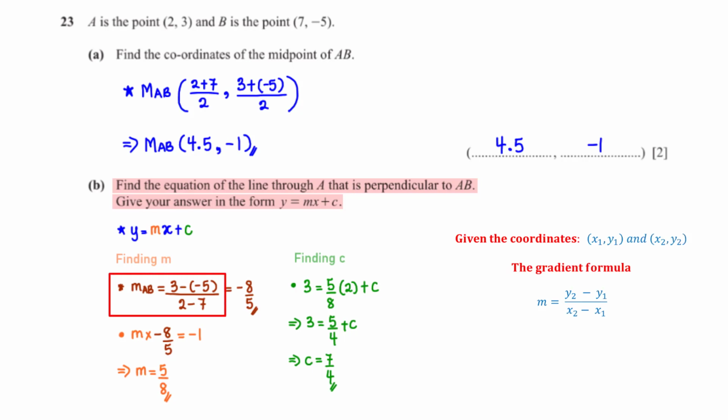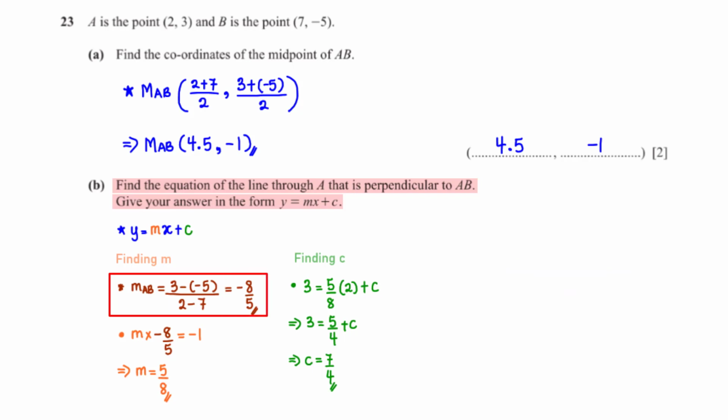This gives us (3 minus negative 5) divided by (2 minus 7), which is equal to negative 8/5. The product of the gradients of line AB and the line perpendicular to AB must be equal to negative 1. This gives us the gradient of the perpendicular line to be 5/8.